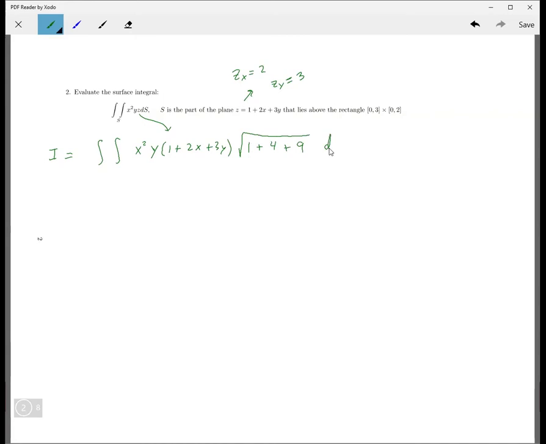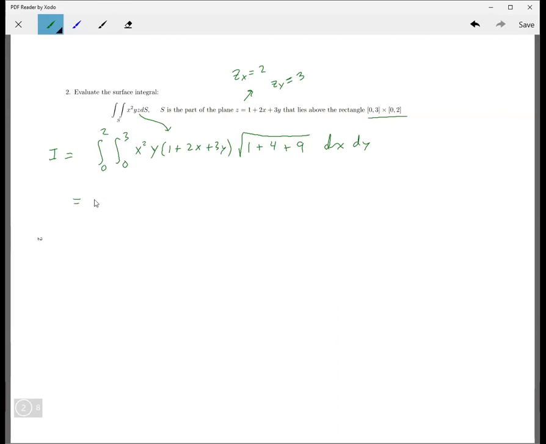Okay, and then let's go dx dy. So what's the range on x? 0 to 3. Yes, good. And then the range on y is 0 to 2. That's what you look at right there. Okay, so this is the square root of 14.